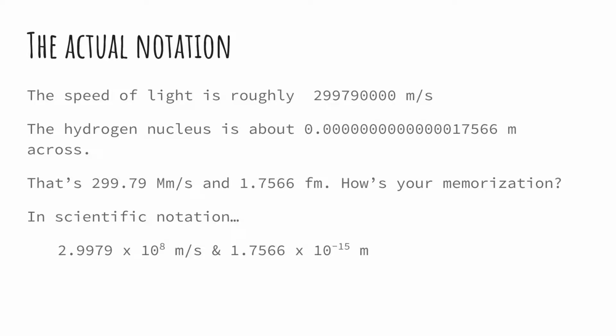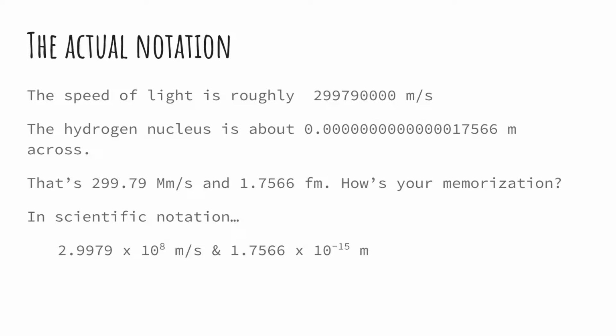So the way it works is we're multiplying by 10 to some power. If you multiply by 10 to the first power, the number gets 10 times bigger. 3 times 10 to the first, 3 times 10 is 30. 3.2 times 10 is 32. But if you have a negative exponent, that means you're dividing by 10 raised to some power.